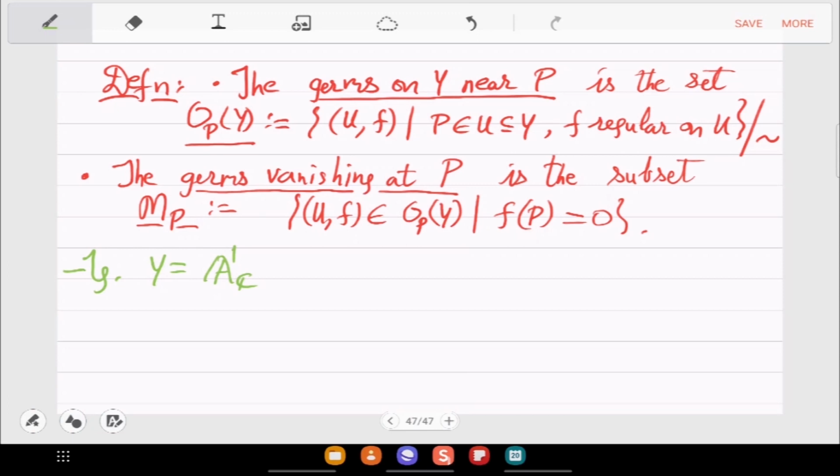We'll do this explicitly next time, but let's attempt on the affine line over complex, and let's take the point P to be the 0 point. So what was O of Y? This was just C[x]. Now can you unpack the definition to get O_{P,Y}?